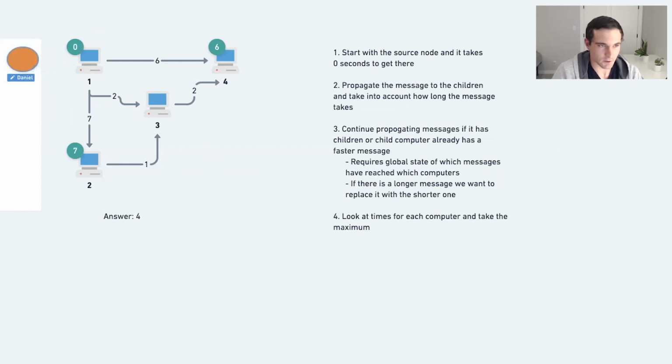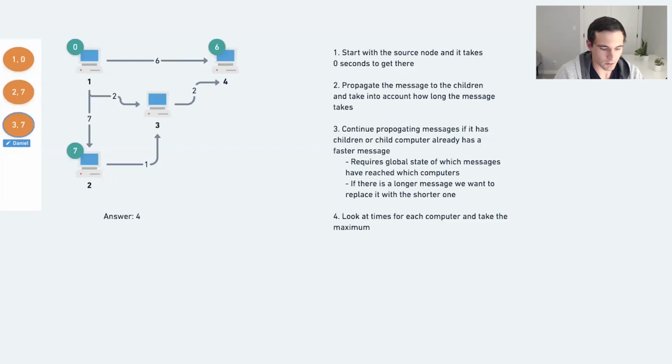We start out at the first node, and that's at 0. And then we look at all the children, and we say, okay, we got to the second node in 7 seconds. We got to the third node, and we're still adding all these to the queue.